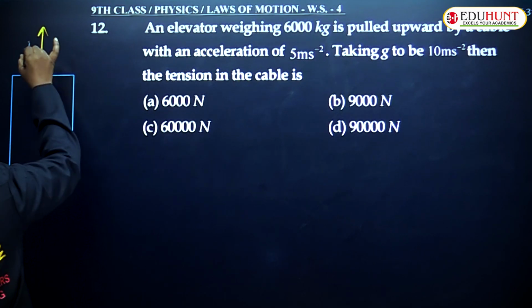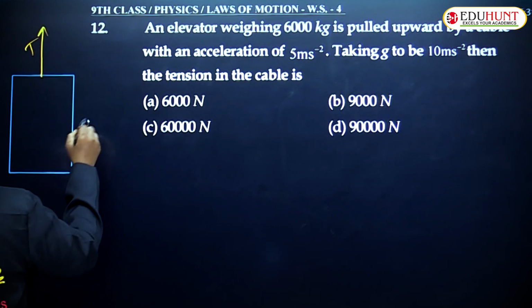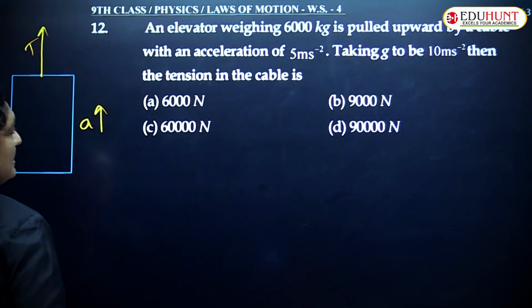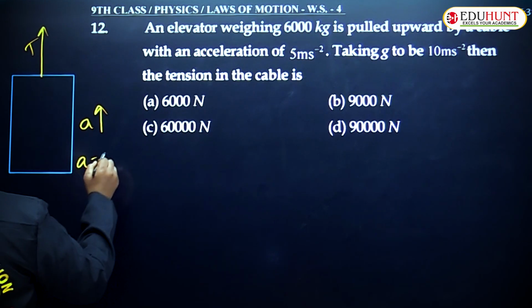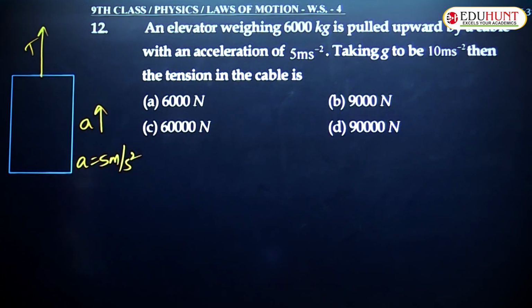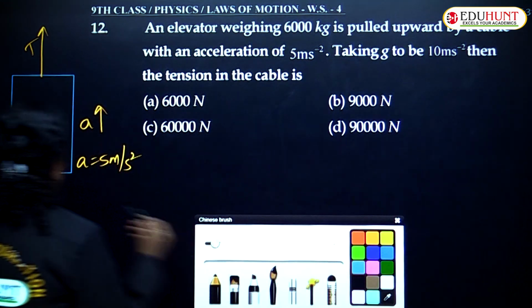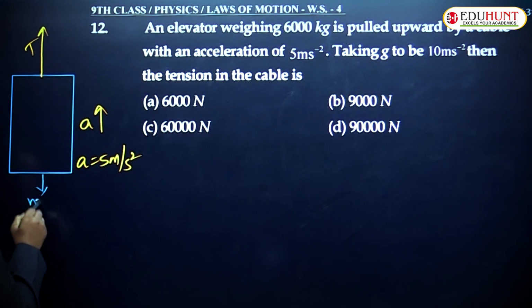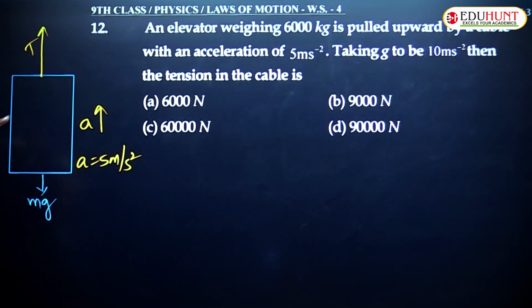Some tension must be acting in the cable, and it is pulled up, meaning accelerating upwards, whose value is given as 5 meter per second square. Taking g to be 10 meter per second square, the tension in the cable is? Clearly the weight of the elevator must be acting downwards and the tension must be acting upwards.